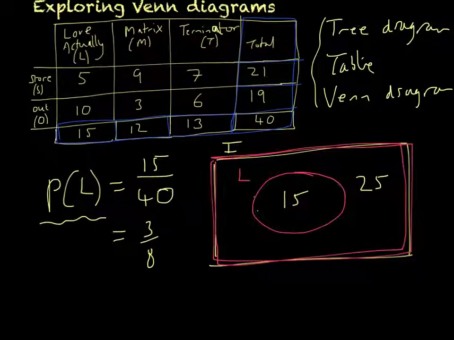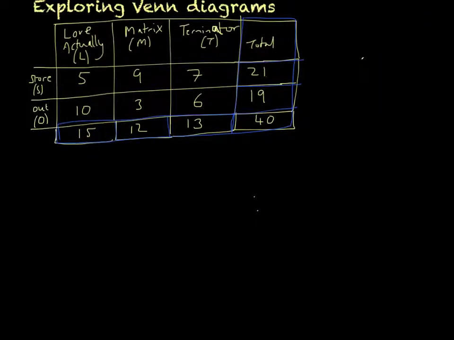Let's do some more. Okay, so this time a customer comes in, and what's the probability of them picking, actually let's go for the Matrix this time, and it's out of stock, i.e. it's out on loan.